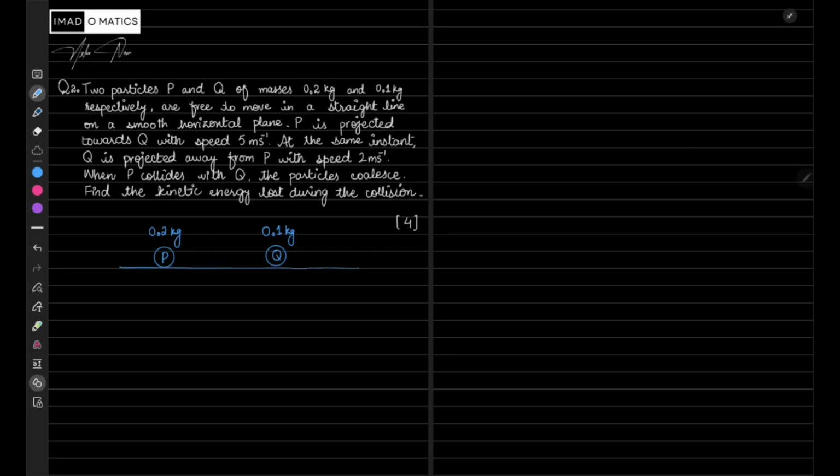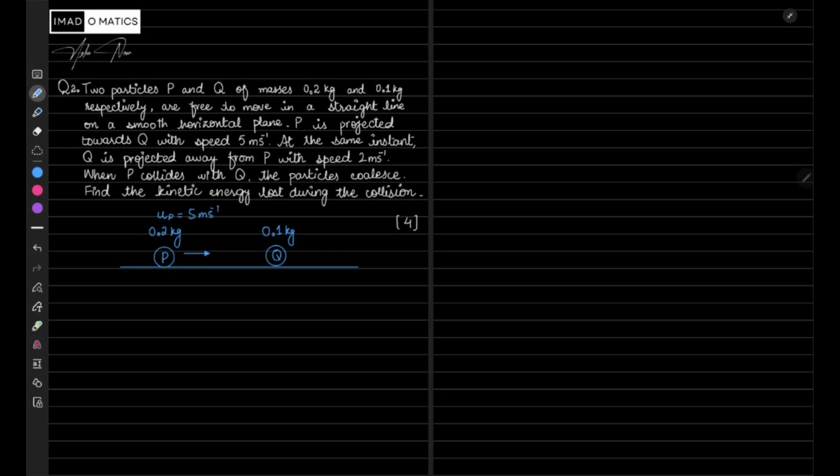their surface. On a smooth horizontal plane, P is projected towards Q with a speed of 5 meters per second. So that means the direction of P is this way, and it is projected with a speed of 5 meters per second. So initial speed of P is 5 meters per second.